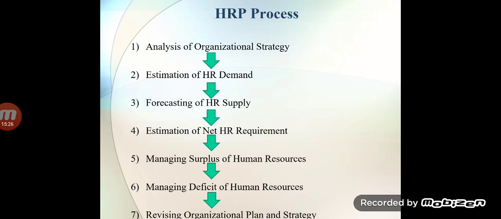In the second point, we have to estimate how many employees we require in the organization, which types of employees, and when we require them. We get this information when the HR department analyzes the strategy and the work.